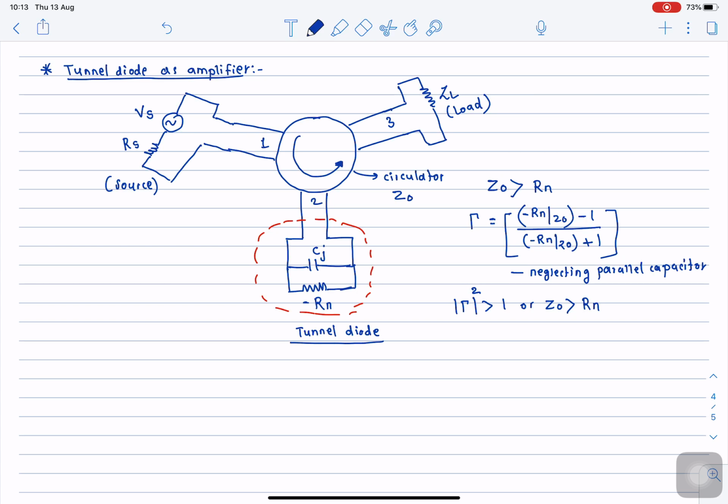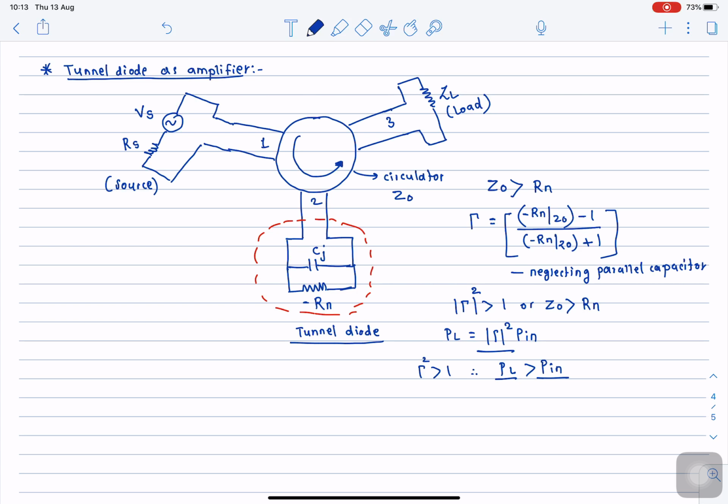Therefore the power which will get delivered at the load, please remember port 1, port 2 and port 3 are all effectively isolated from each other, is given by PL equal to gamma squared into input power. Now here gamma squared is greater than 1, therefore PL is greater than input power.